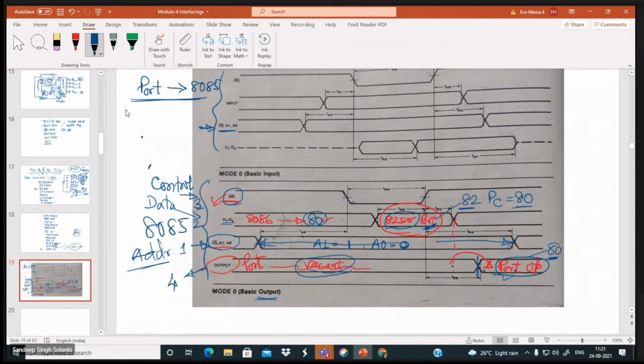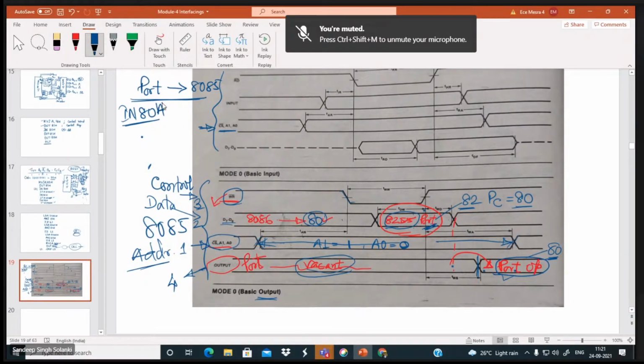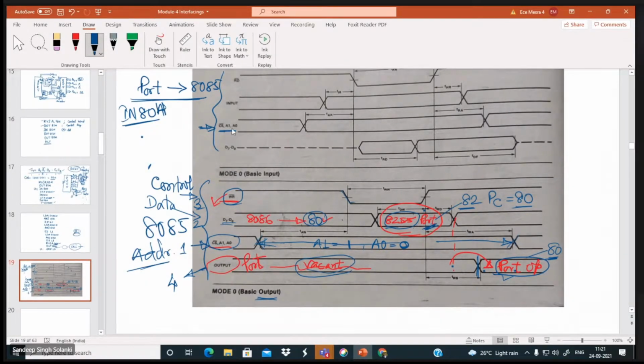Because read means you will be writing the instruction, suppose I mention port A. So definitely the port address will be sent out over this address line. The CS is also created because of the address line, isn't it? So that is why it is all clubbed together.